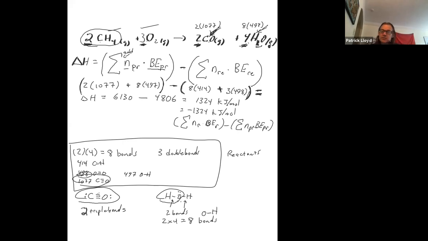Generally, and this is why I made a mistake, we do products minus reactants. When we did thermochemistry, we did products minus reactants. But the way that these energies are measured is by measuring how much it takes to break the bond, not how much energy you get back to form the bond. So since we're using positive values for breaking, and the products are not actually breaking, they're forming, they would be the opposite sign. So for that reason, it's actually the reverse of what we're doing here.